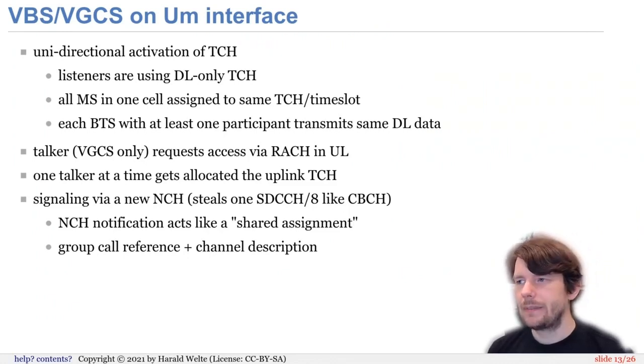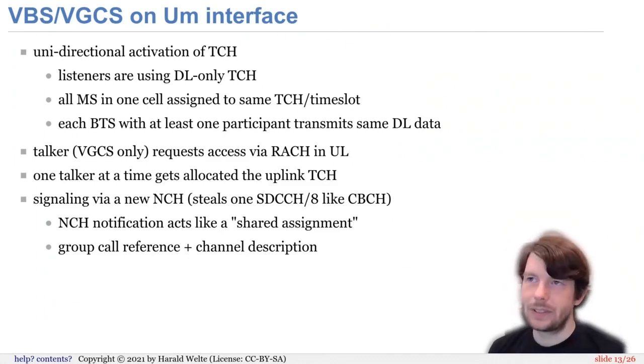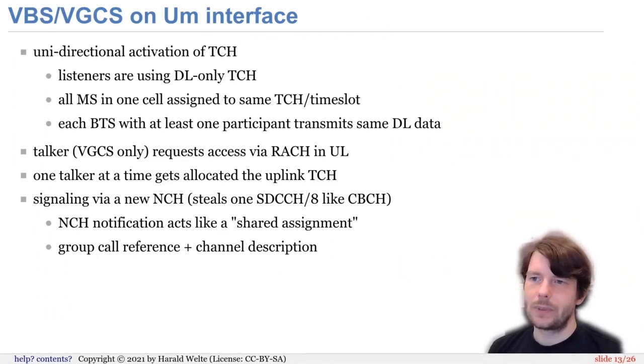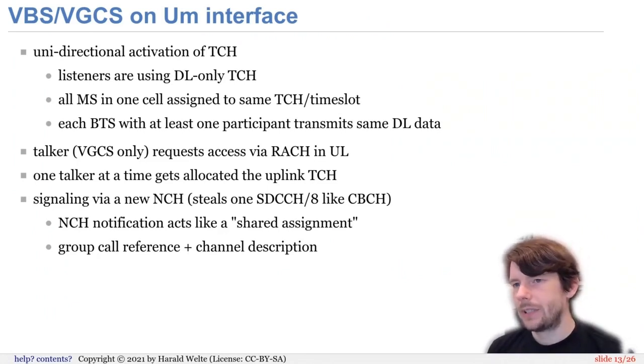So in the end, let's say a group call is started for a certain group. Groups are identified by a number. So let's say group number 2342. And the subscriptions are stored on a SIM card. So your SIM card knows which groups you are subscribed to and which not. And let's say the new group call on this group is started, then on the notification channel, there will be a notification message that basically has the group call reference and the channel description.